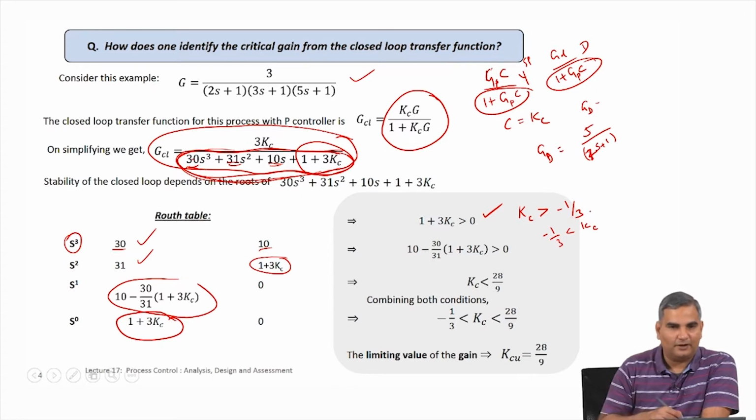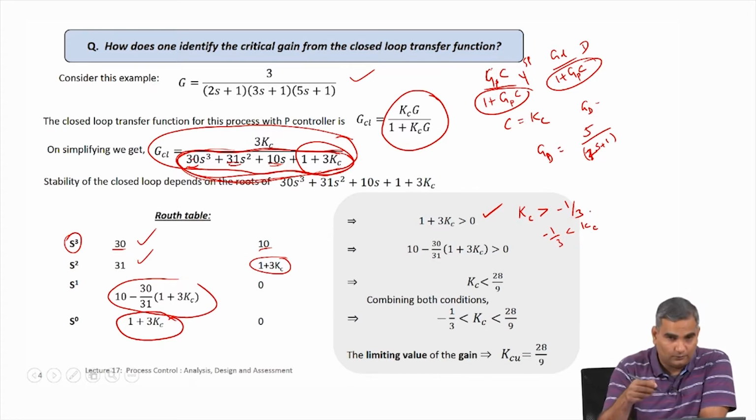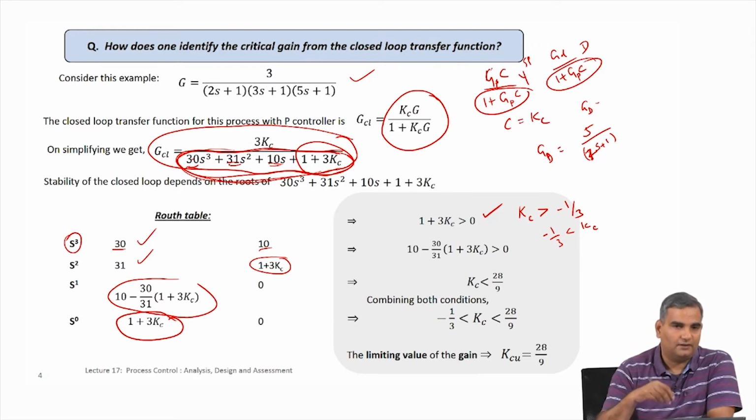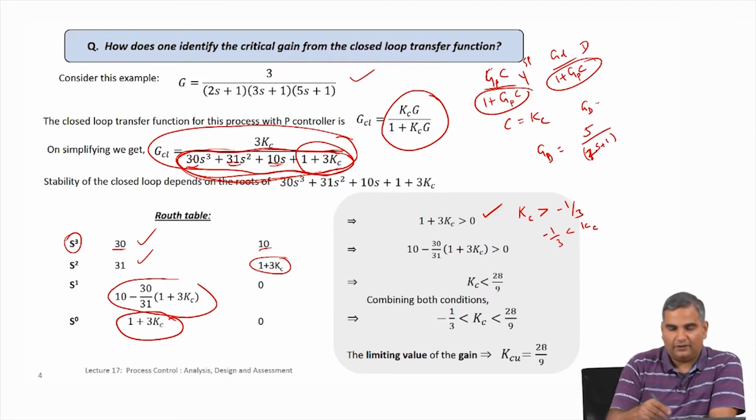If Kc is less than minus 1 by 3, we already know there are roots in the RHP because this term will become negative, and even if one term becomes negative, there are roots in the RHP. By ensuring Kc is greater than minus 1 by 3 when we start, the first test is passed and we can construct the root table.